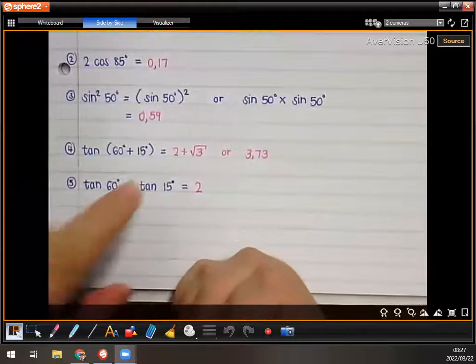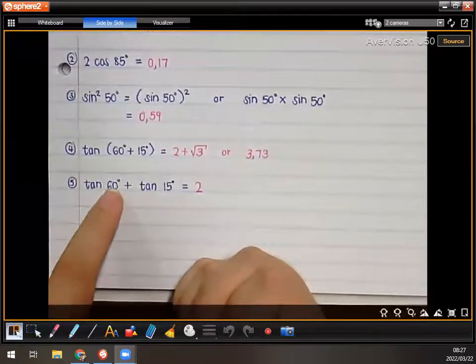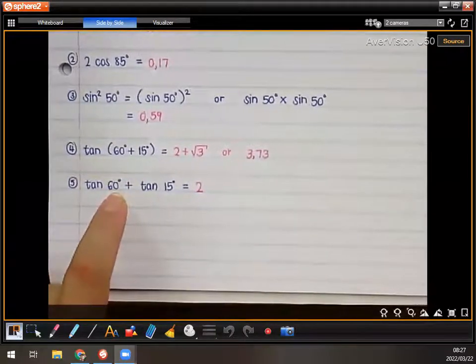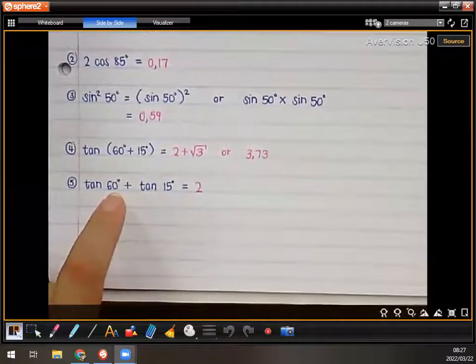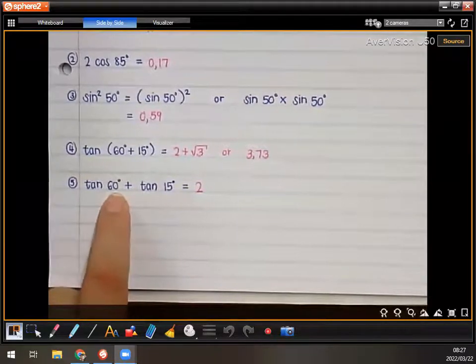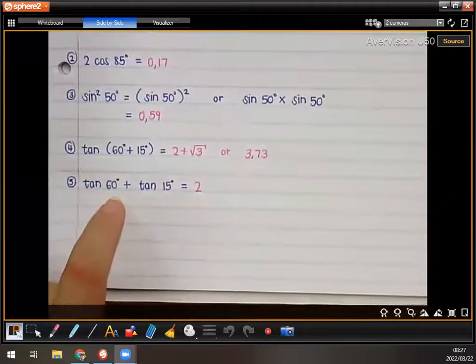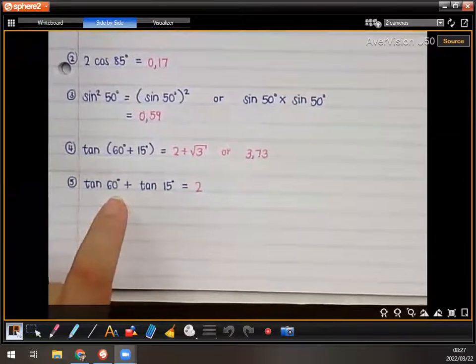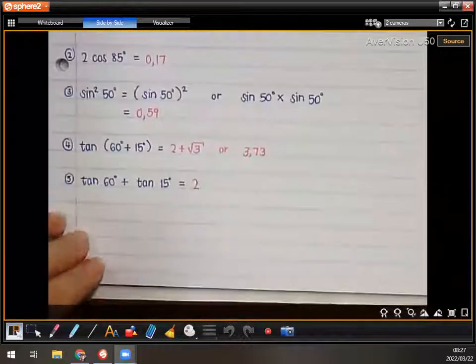So if they're saying here tan of 60, can we have a triangle with a 60-degree angle, guys? Okay, then a triangle with a 60-degree angle and a 90-degree angle. What will the third angle then be? We have 60 and 90, so 30 degrees. So we would have this.